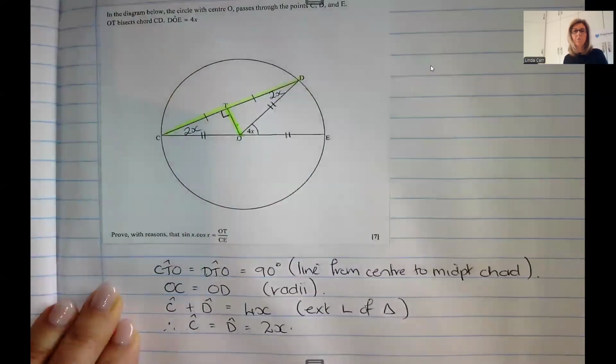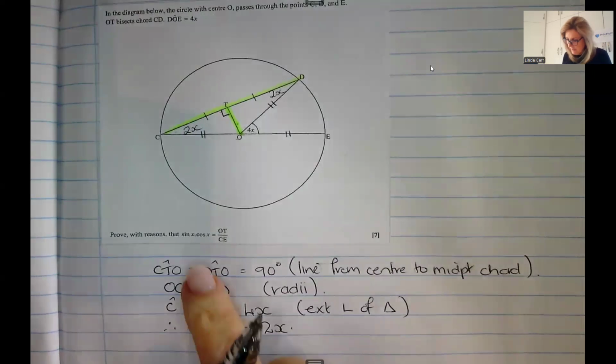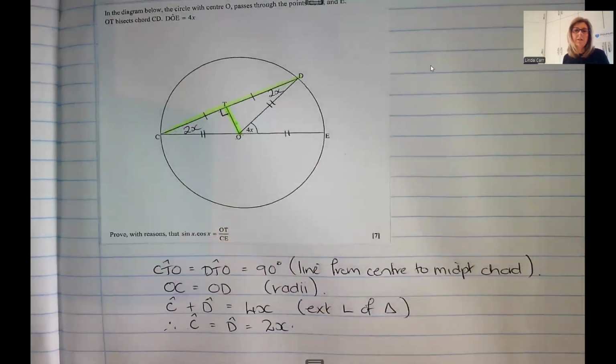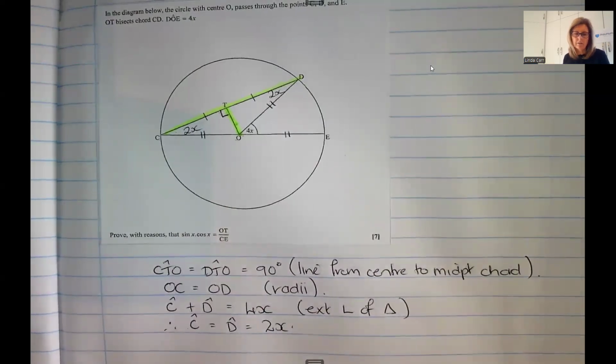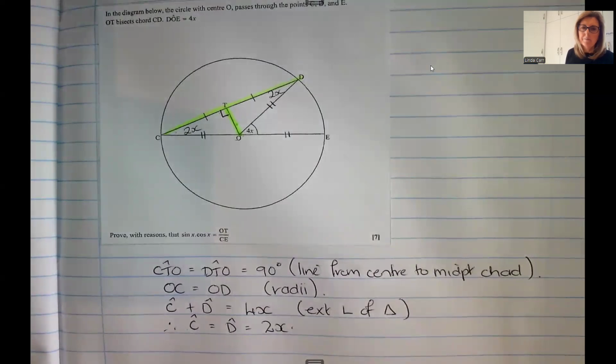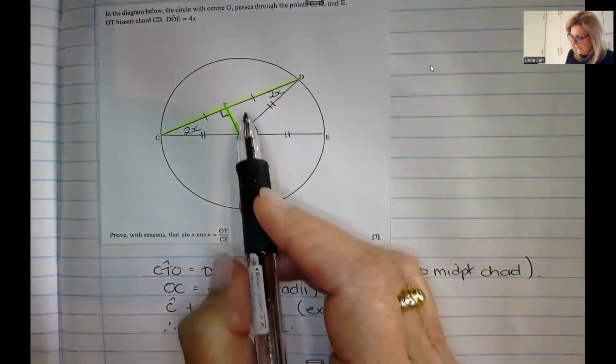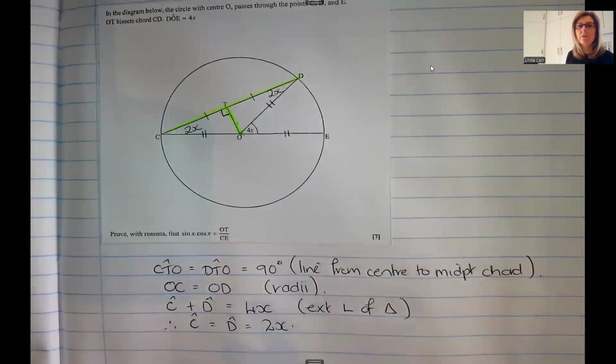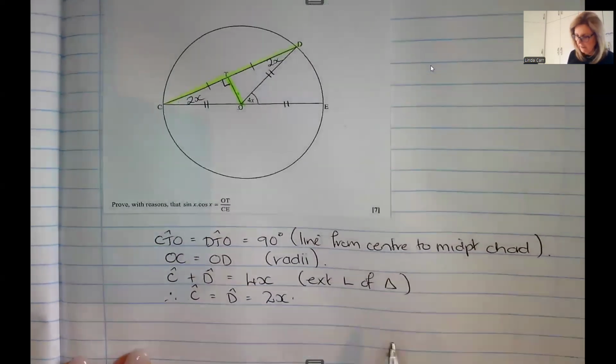Okay, why is that important? Well, because this sine x cos x makes me think of the sine double angle formula without the 2 in front. So now I'm thinking, perhaps if I have a right angle triangle, I can actually move into trigonometry.